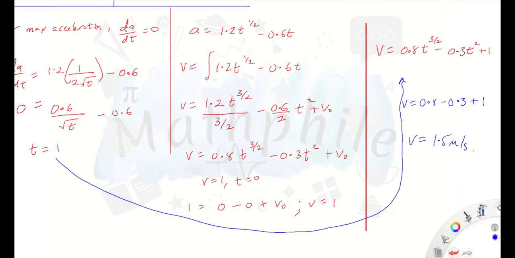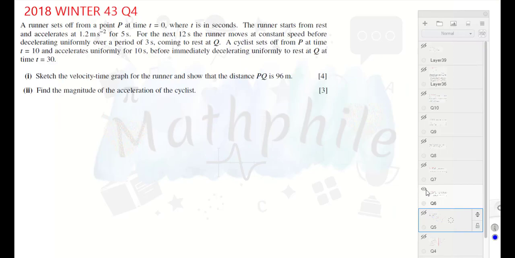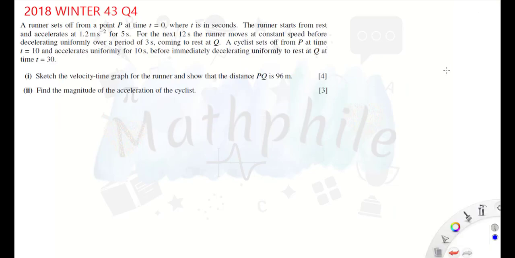So that was the fifth question. Now we've done so much. For the sixth question, the difficulty level is different. This has increased. This is 2018 Winter 4-3, question number 4.